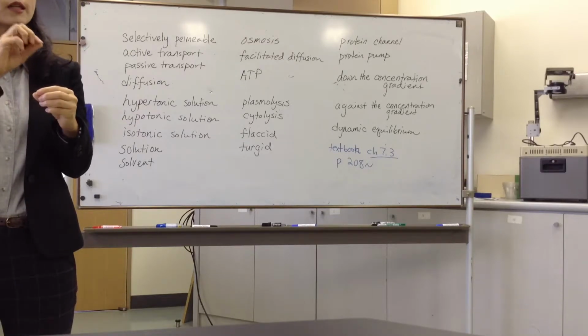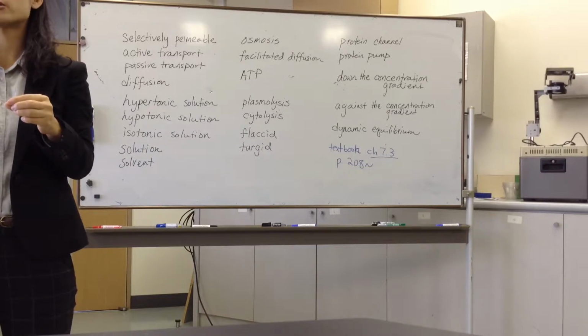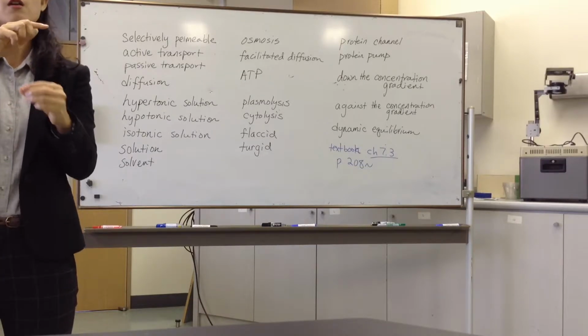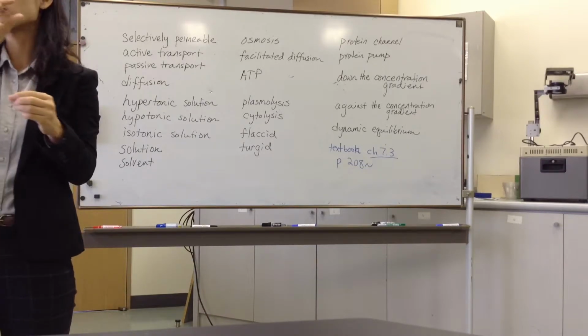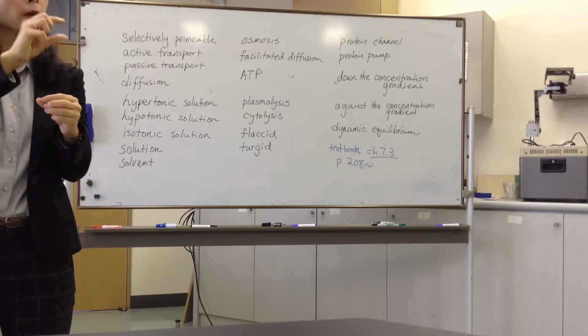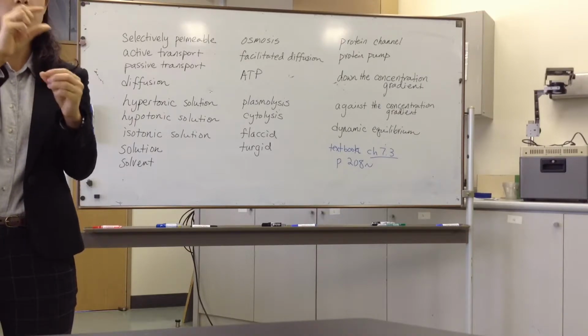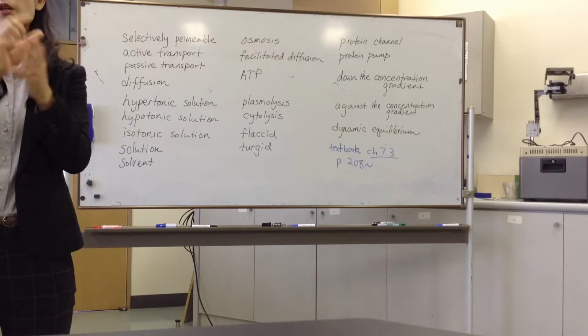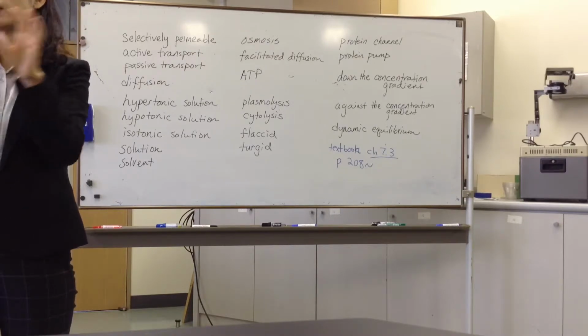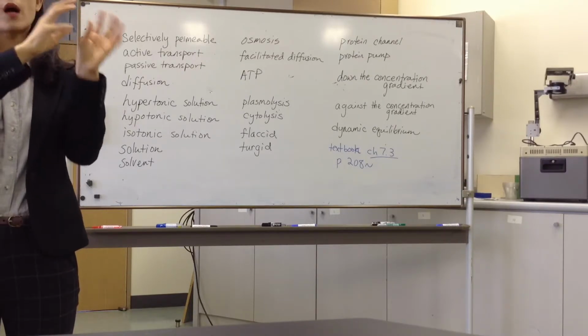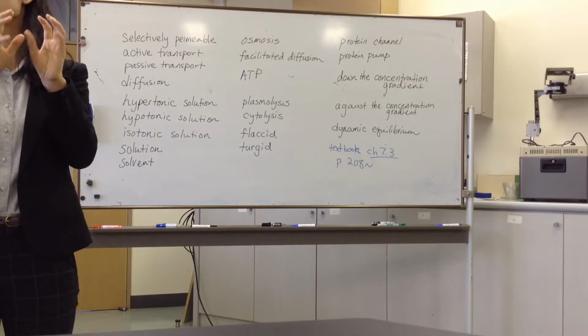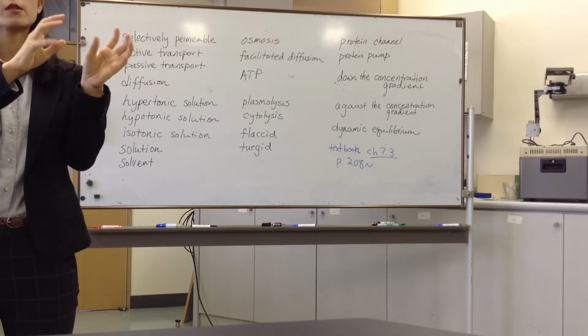And you remember we talked about how a protein's function is very specific to its shape. Each protein's shape is very different, and its function depends on its shape. So proteins are very specific. If it's to transport one material, its job is only to transport that. It can't transport something else.